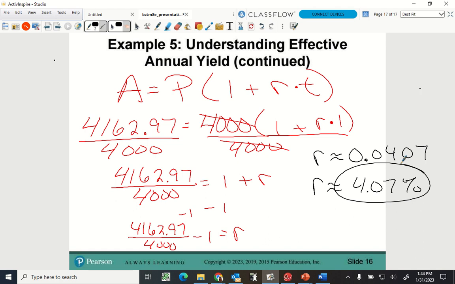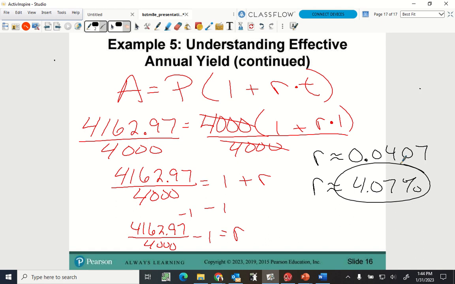Compound will give you money faster. It will increase your profits more. Compound interest is the better one. That's the reason why credit card companies charge you compound interest when you borrow money from them. Because guess what? They're making money off you.